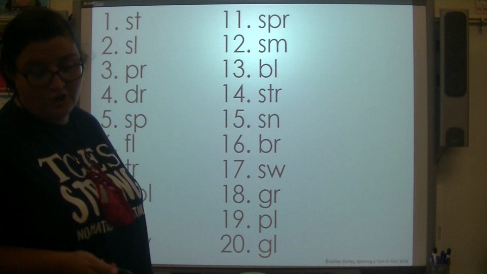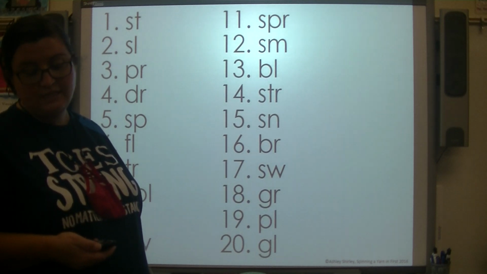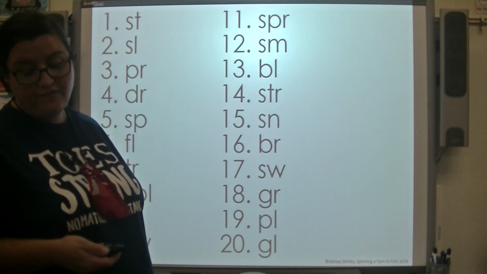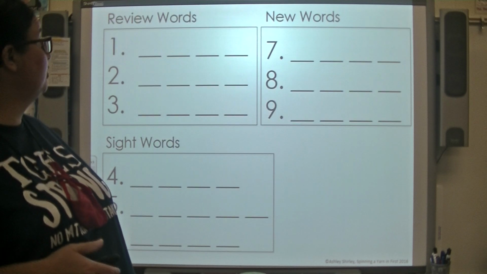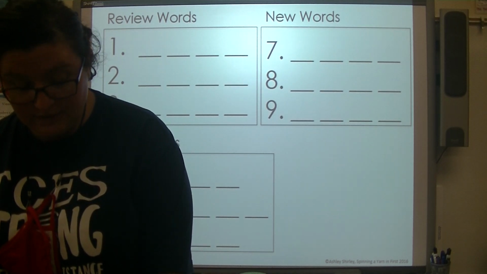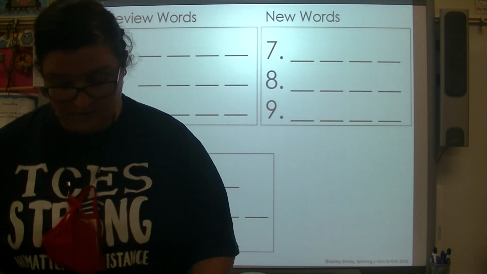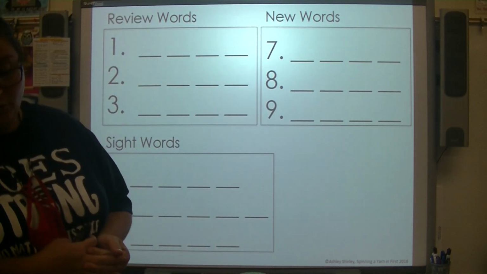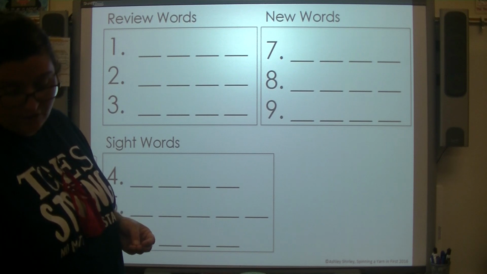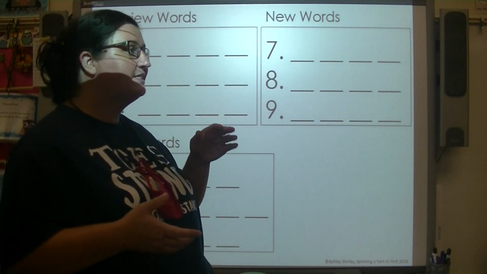All right, now turn over your spelling and high frequency word practice page. Put your finger next to number 1. We're going to do some spelling. We are going to spell some words with these blends. All right, number 1. We are going to spell the word step. Let's stretch out step.